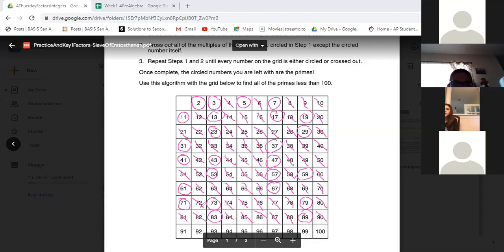All right, Tajesh, can you do the last row for me? Here, I'll move it. You can see it. Let's just do the last row. Cross out 91. Okay. Cross out 92.